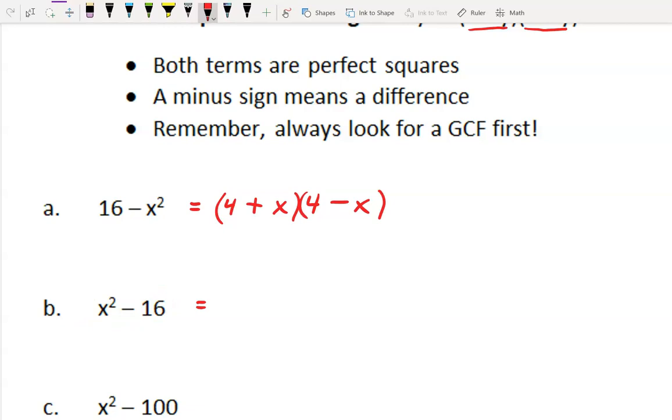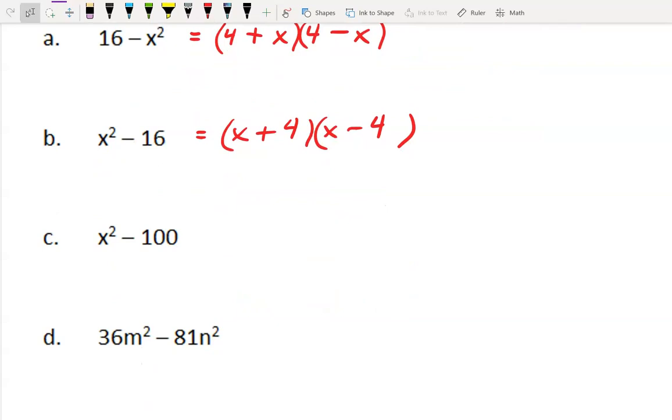Yes, this works. So I should be able to go x and x, 4 and 4, one's positive, one's negative. Okay, let's keep going. Perfect square, perfect square, positive, negative.